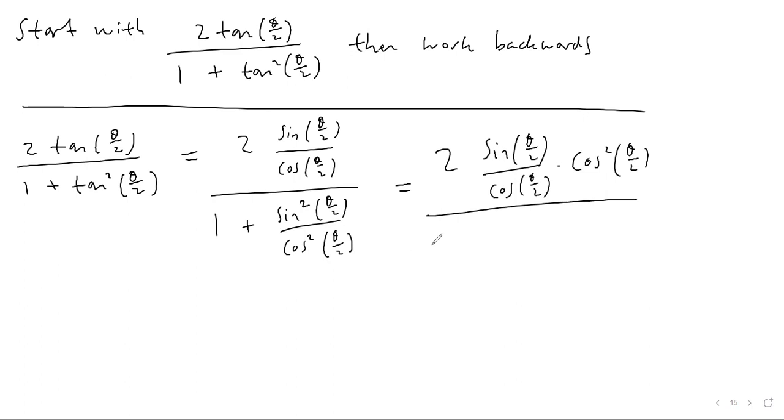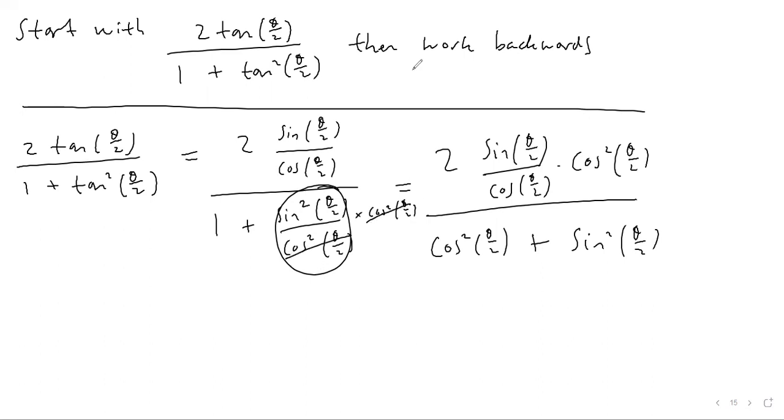And then divide that by 1 times cos squared theta over 2, cos squared theta over 2, and then plus this fraction here times cos squared theta over 2. Well, that's just going to become a sine squared theta over 2. This fraction times cos squared theta over 2 would cancel out with the denominator, so we're just left with a sine squared theta over 2 on the bottom.